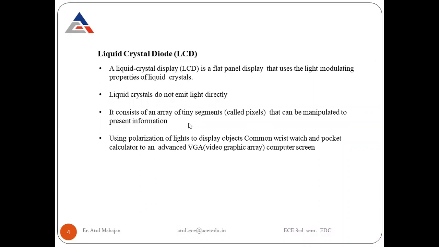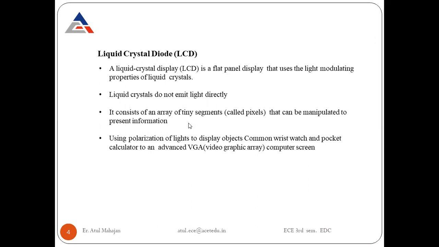The LCD is a flat panel display that uses the light modulating properties of liquid crystals. Properties of light are being used over here. Now, what does the word modulating mean? Modulating means changing, bringing a change, optimizing.